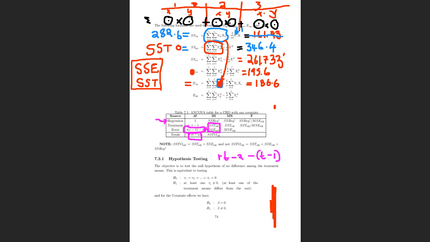So when you want to find the degrees of freedom of error, we must say degrees of freedom of total, which is this one, minus degrees of freedom of treatment. But my advice is just use the substitution rule, because if you try to write the formula down, you'll end up confusing yourself. So please just use the substitution rule.